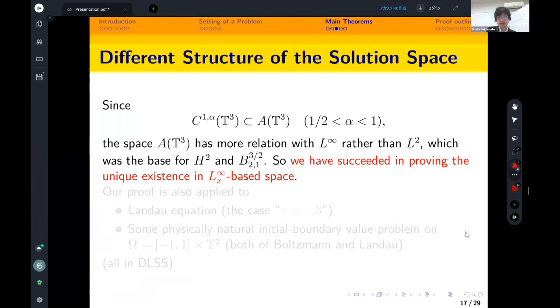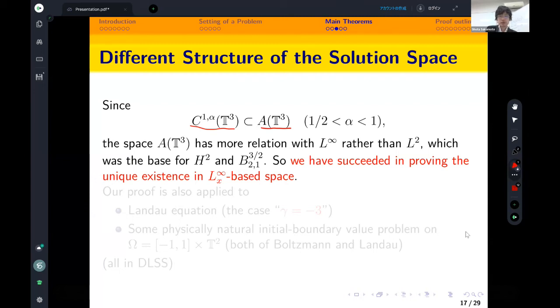It has a different structure compared to L2-based Sobolev or Besov space, because this Wiener space A(T3), for the three-dimensional case, contains this C^{1,alpha} space, Hölder space. So it's more like L infinity rather than L2.